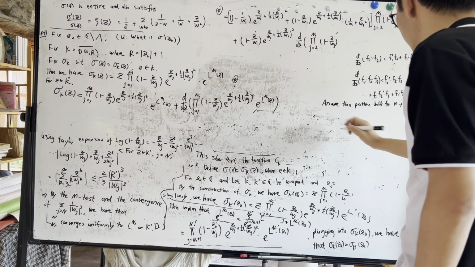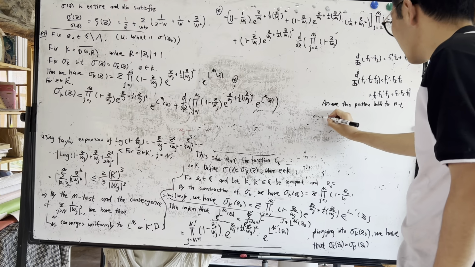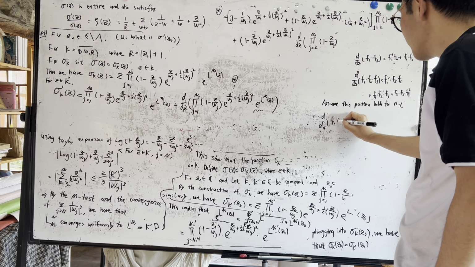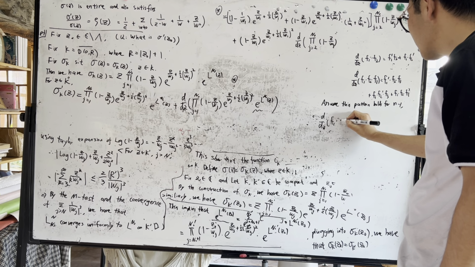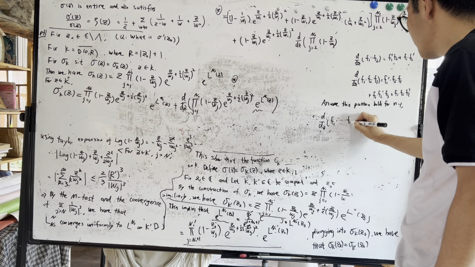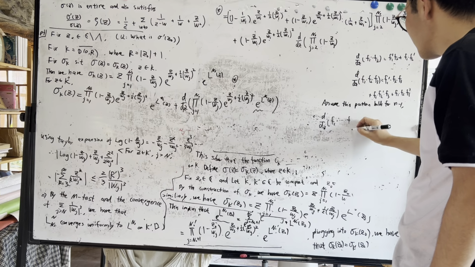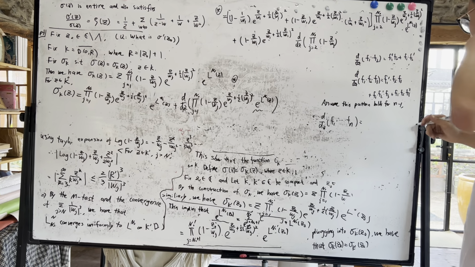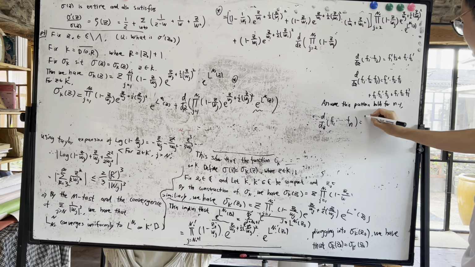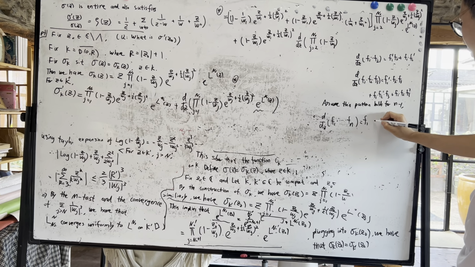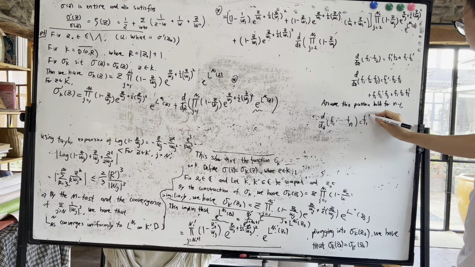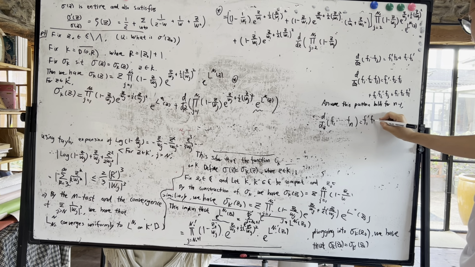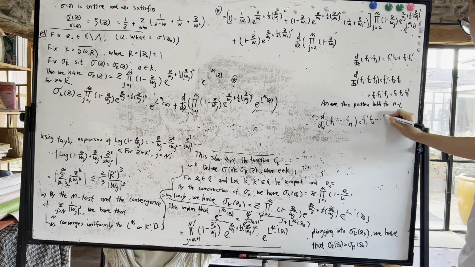Now let's say for f1 times ... times fn, this is equal to f1 prime times f2 times ... times fn, right?